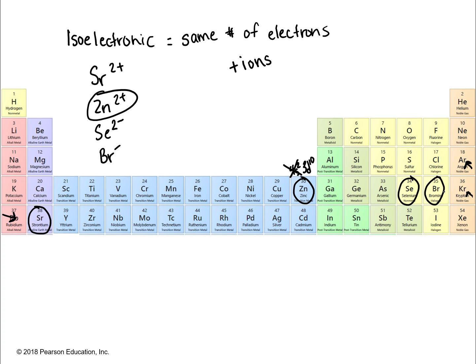Selenium and bromine, they're going to gain electrons. And I'm writing this out so you can have it. Ng is noble gas.